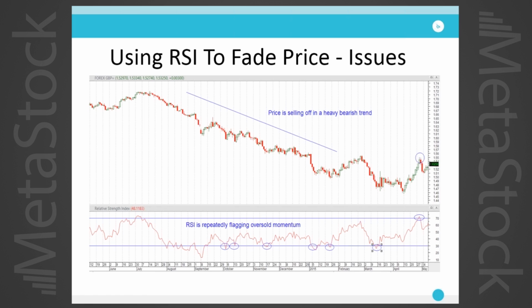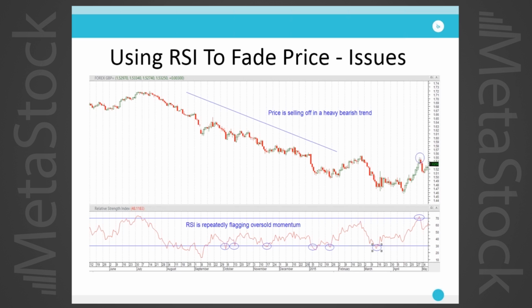But once price starts heavily trending, as we saw here, then typically RSI gets caught offside, and the reason for this is what we tend to see happening is RSI making only very shallow rebounds off the oversold limit before once again reversing and flagging momentum as being oversold.